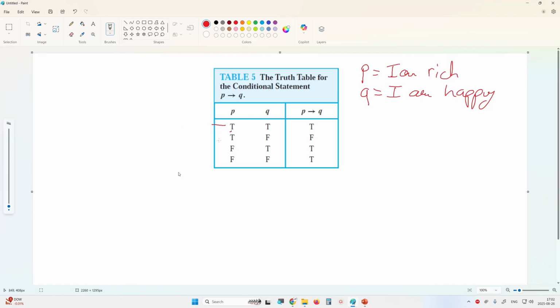If P is true, that means I am rich, and here it says, if I am rich, then I am happy. This is what it means. It makes sense. If I'm rich, I am happy, so it seems to be okay.